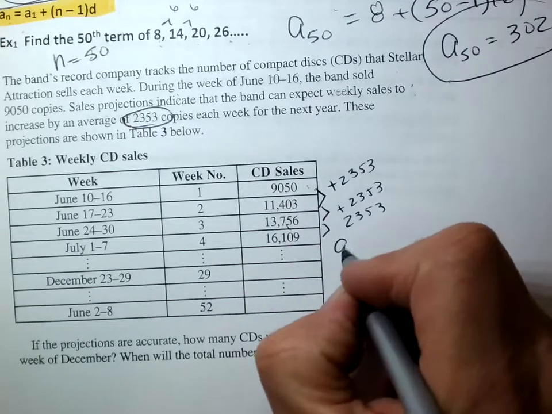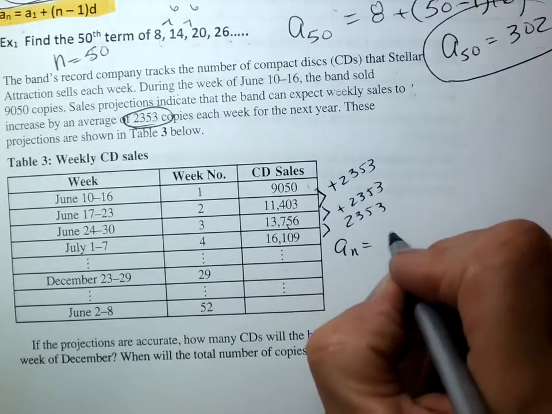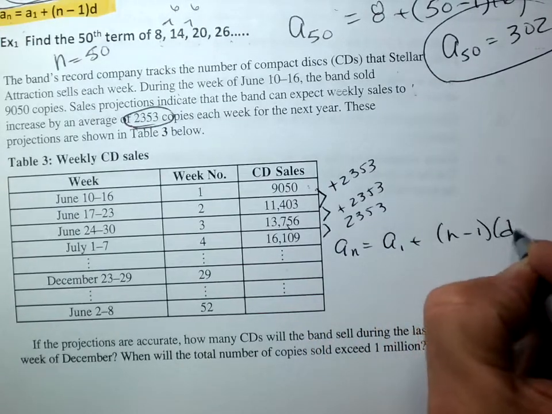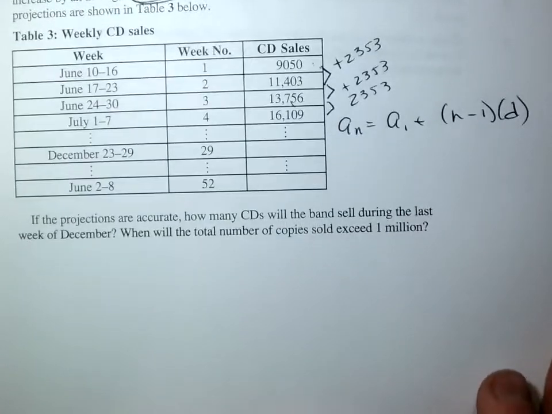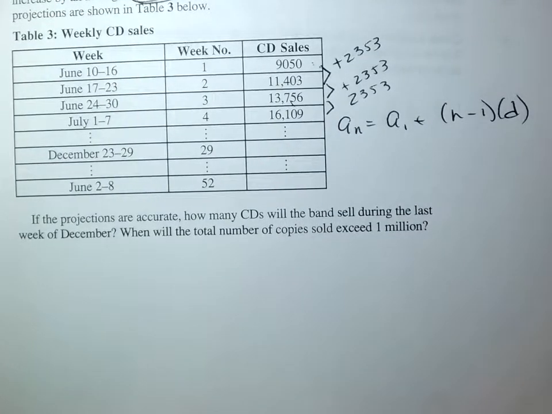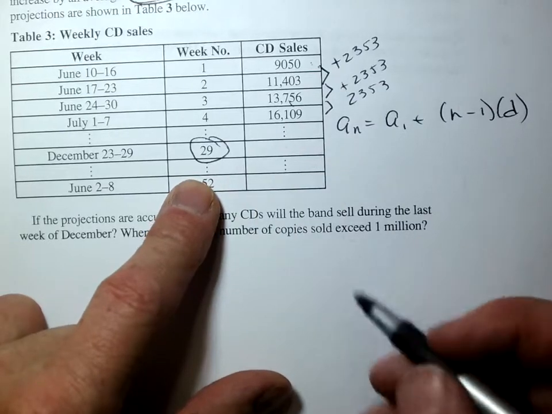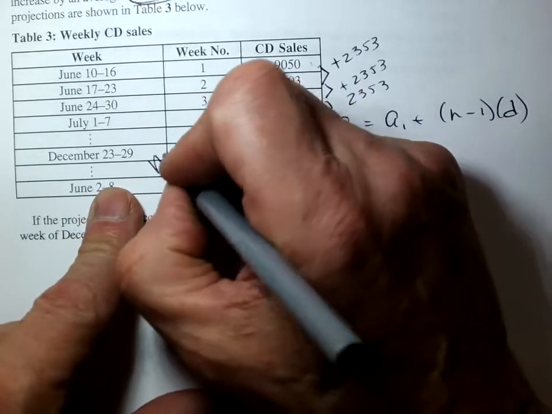A of n equals a1 plus n minus 1 times d, right? So let's just use our explicit formula. We need the 29th week, so we're going to let n equal 29.